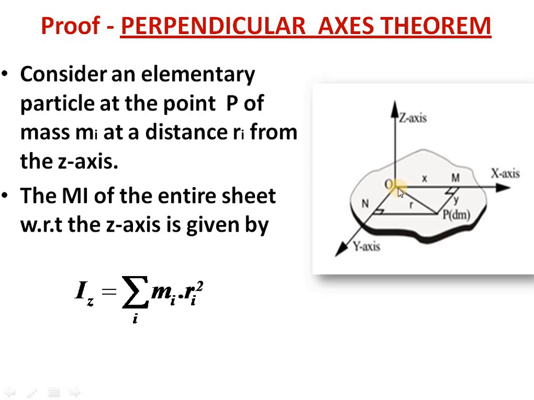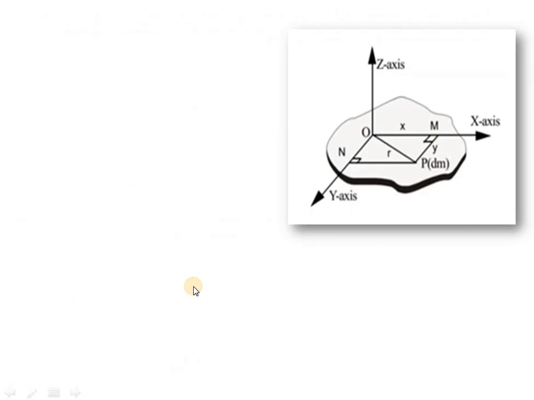From the figure you can see that ri is the hypotenuse of the triangle OMP. So you can write that xi square plus yi square will be equal to ri square, isn't it? So you can replace ri square with xi square plus yi square.